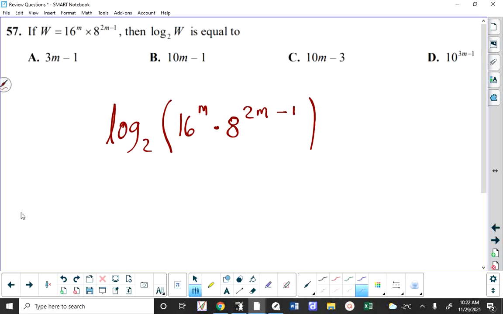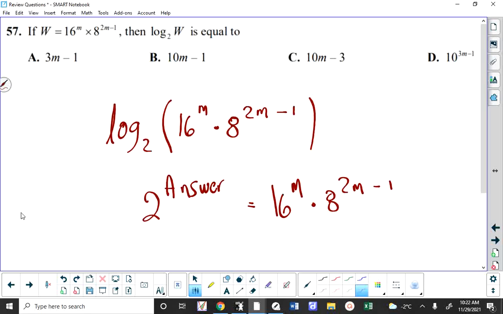So I'm going to write it into exponential form, even though there's no other side to this equation, because it isn't an equation, it's just an expression. I'm going to say 2 raised to our answer is going to be 16 to the m multiplied by 8 to the 2m minus 1. Why am I saying 2 to the answer?